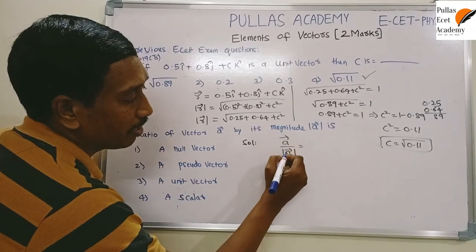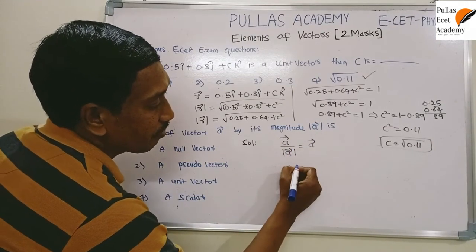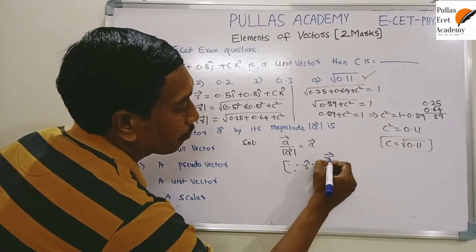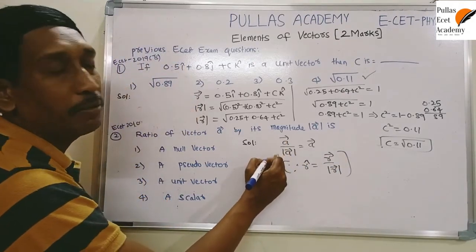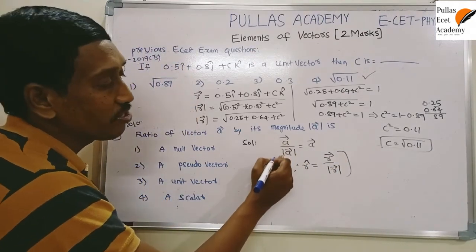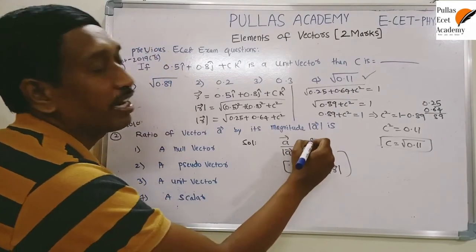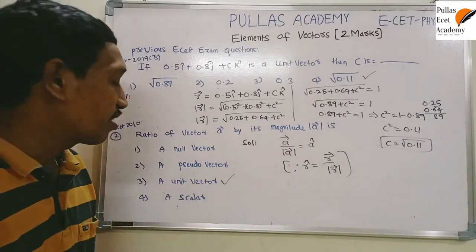Because this is the formula for the unit vector, as I already explained, r cap is equal to r bar by modulus r bar. Instead of r, here we are given a bar and modulus a bar. That means this ratio is always the unit vector a cap. A cap stands for unit vector, which is correct.